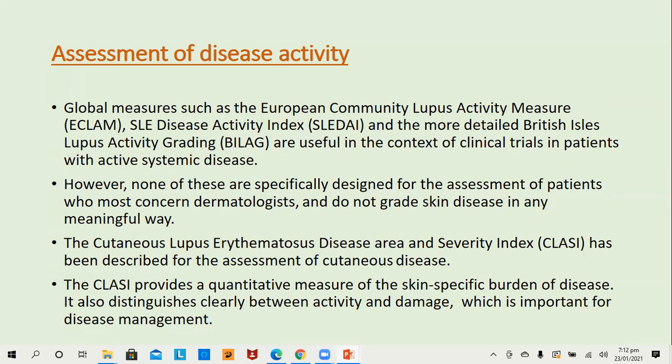However, none of these is specifically designed for assessment of patients who most concern dermatologists; they do not grade skin disease in any meaningful way. The Cutaneous Lupus Erythematosus Disease Area and Severity Index, called CLASI, has been described for assessment of cutaneous disease. The CLASI provides a quantitative measurement of skin-specific burden of the disease. It also distinguishes clearly between activity and damage, which is important for disease management.